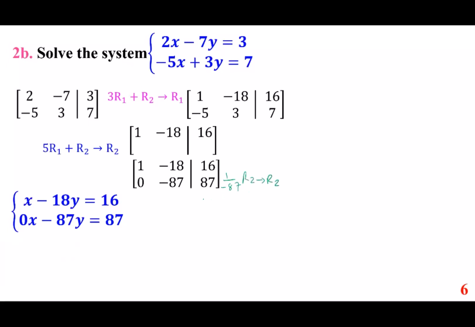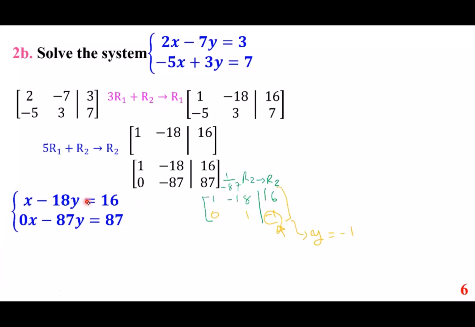If I do that, so 1, -18, 16. So now the new row will be 0, this is 1, and this is -1. And right away, this is the solution for y. So right away, this gives you y equals -1. And you can put that into the very first equation, x minus 18y equals 16, and you find x. That's the concept of a row echelon form.